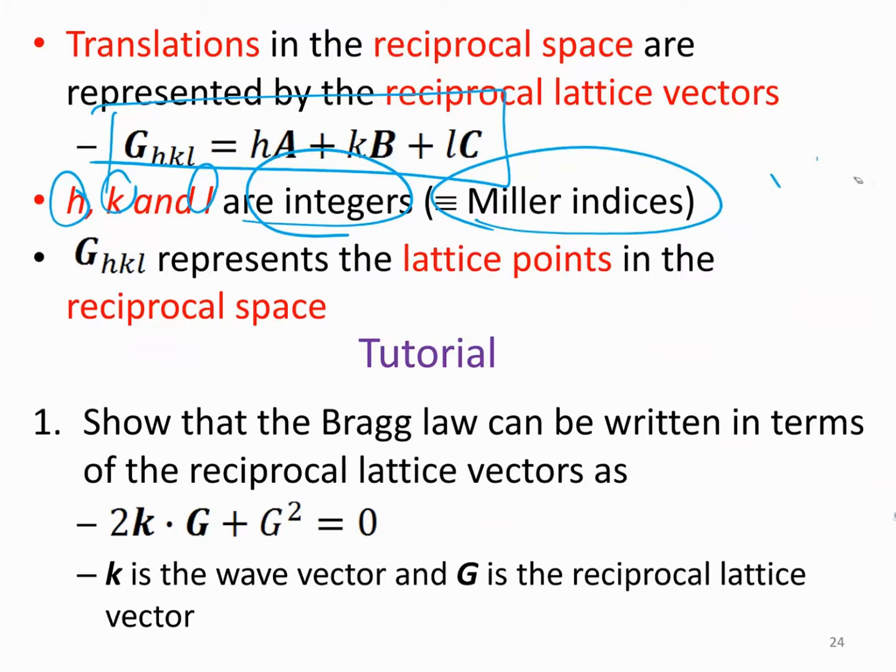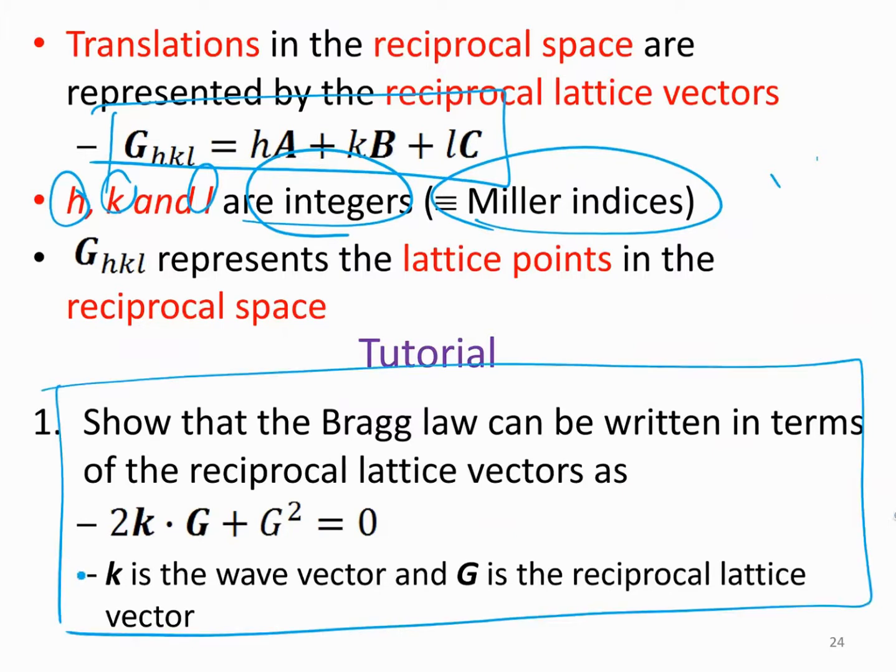So the first question, I asked you to show that the Bragg law can be written in terms of the reciprocal lattice vector as 2k dot g plus g squared equal to 0, where k is a wave vector and g is a reciprocal lattice vector. I think we have discussed the answer for this question in the last chapter, chapter 5.